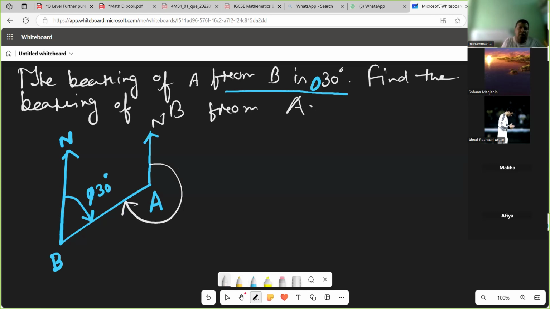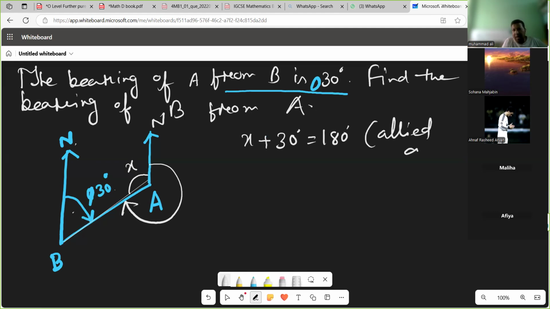This line is a transversal line, a concept we use from geometry. So this angle x plus 30 is allied angles, 180 degrees. So x equals 180 degrees minus 30, which is 150 degrees.